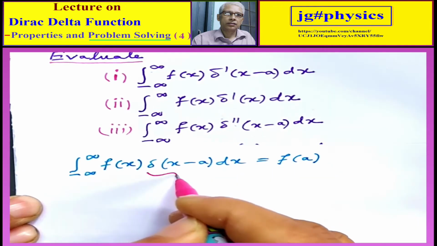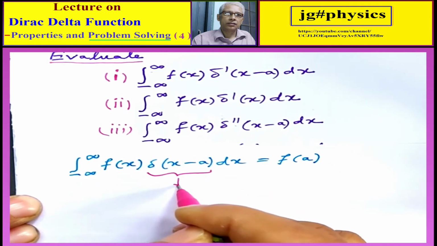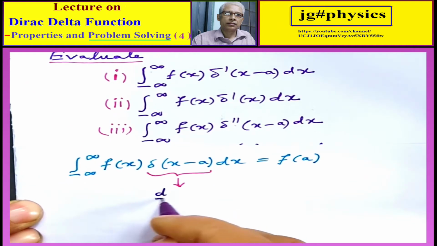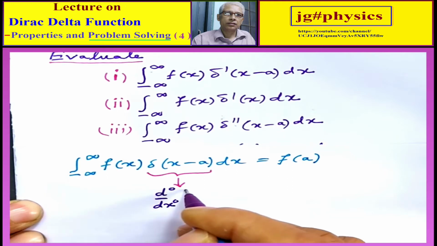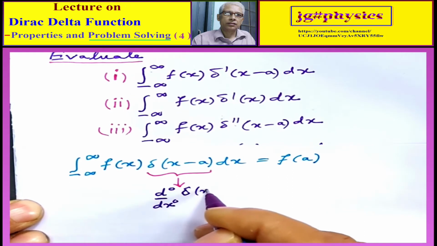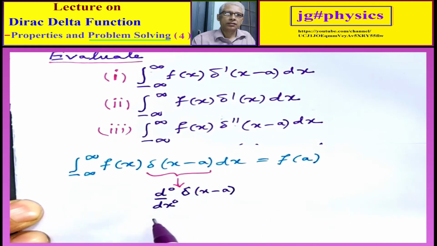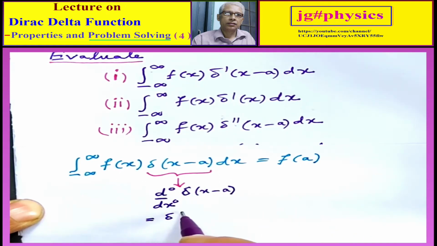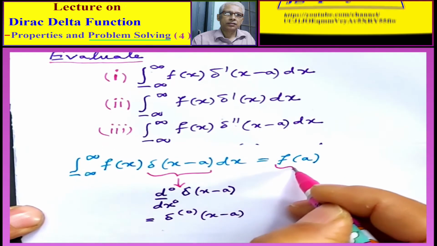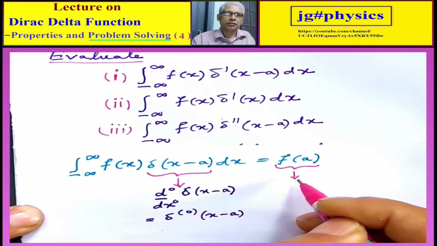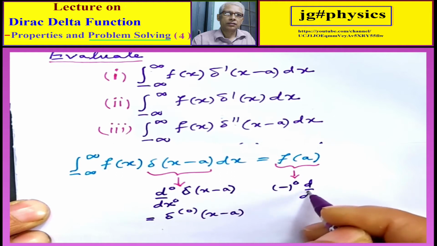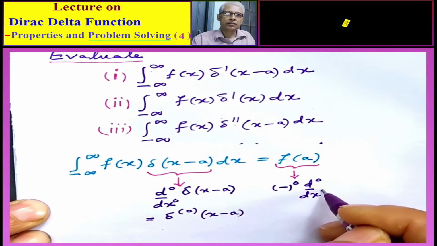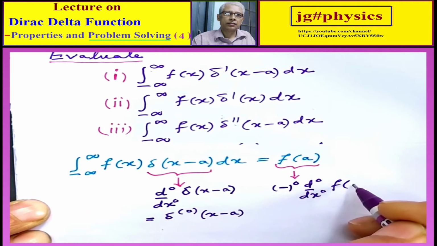Now this Dirac delta of x minus a can be considered as the 0th derivative and can be written as, and this f of a can similarly be considered as the 0th derivative of f of x evaluated at x equal to a.